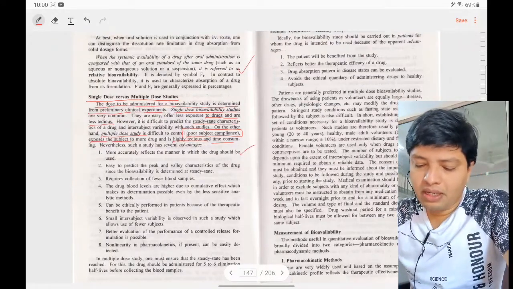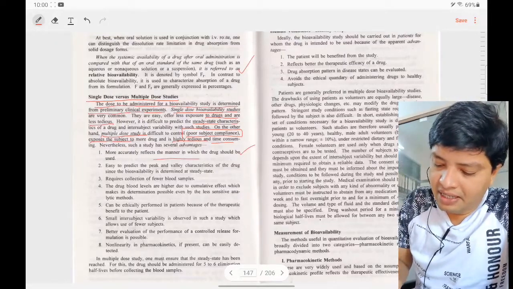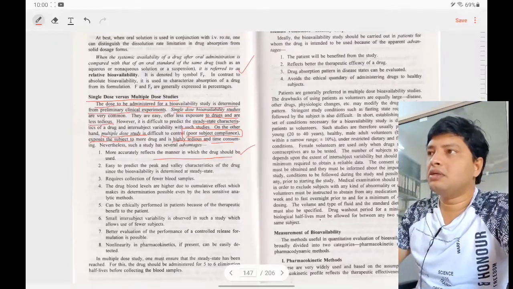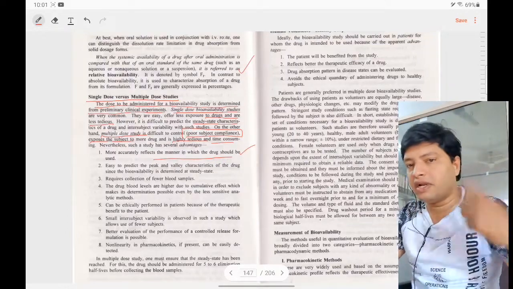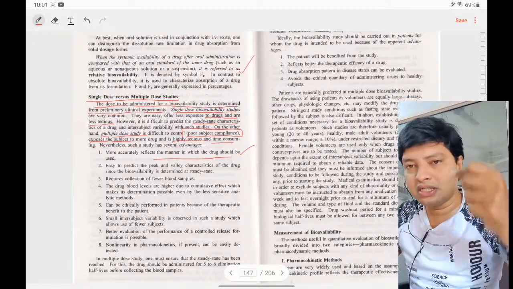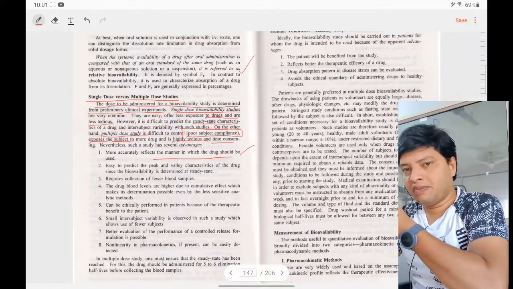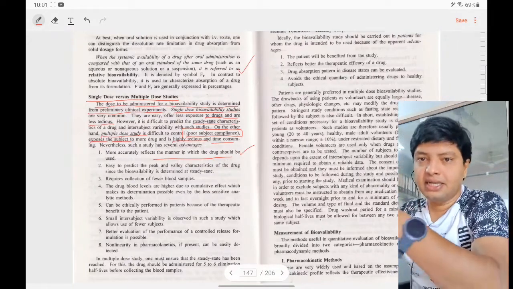It more accurately reflects the manner in which the drug should be used. Obviously you are not going to use only one dose of a drug for any ailment. You will be using the same drug in many doses, twice a day, thrice a day, or chronically.